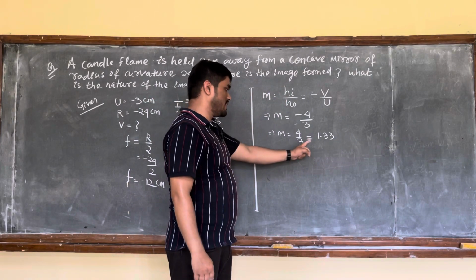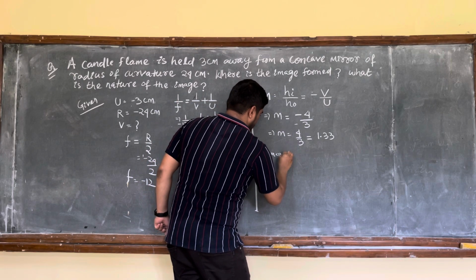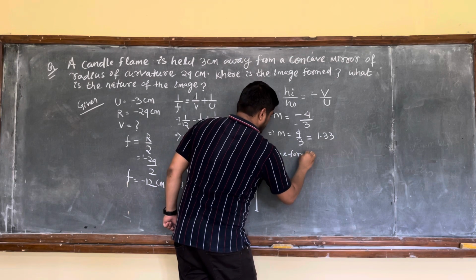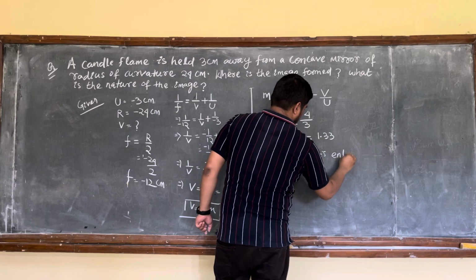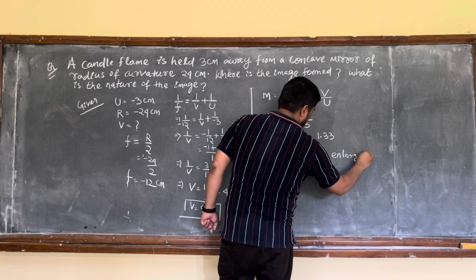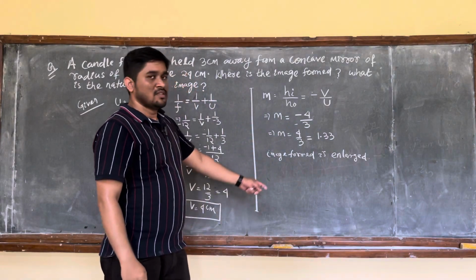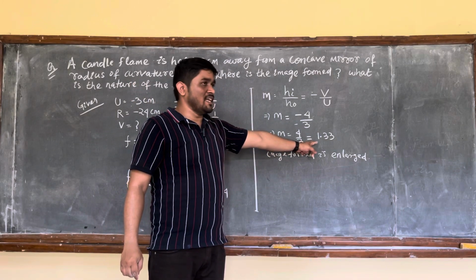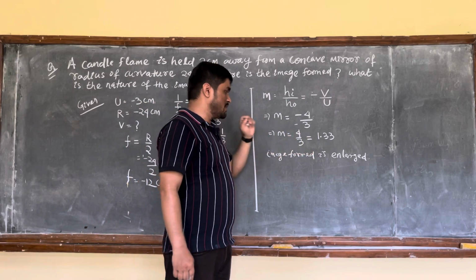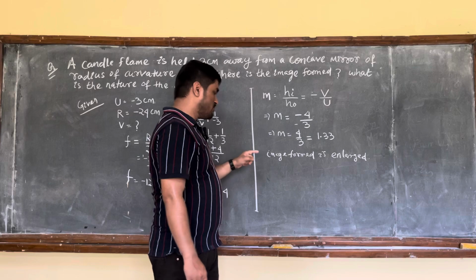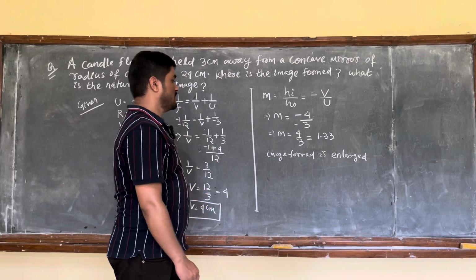And when the magnification is more than 1, the image formed is enlarged, and it is positive. See, the magnification m is positive, and when it is positive, the image formed will be virtual and erect.